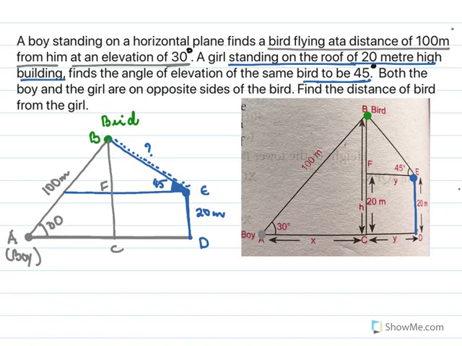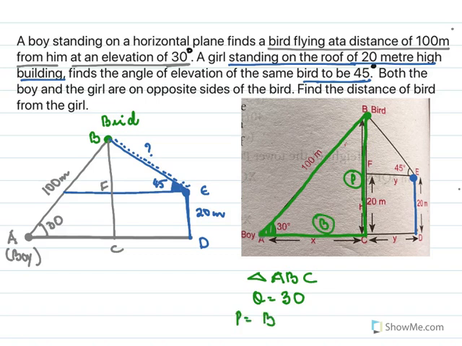Now let us first start with one of the triangles, and we're going to start with triangle ABC. So in triangle ABC, the theta you know is 30, which is given to us. Here is the perpendicular and this is the base. So perpendicular is BC and the base is AC.